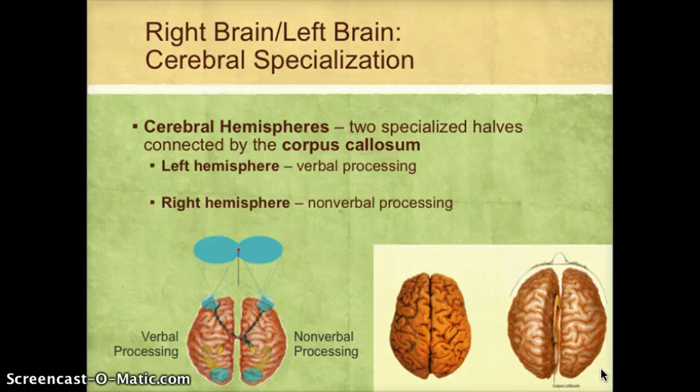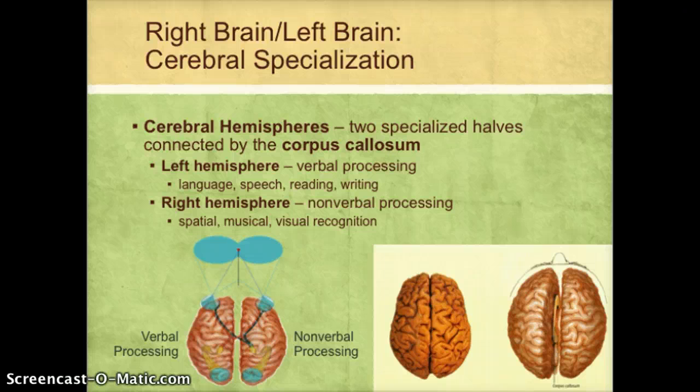What we do see is that there is a slight edge for the left hemisphere when we're processing verbal information, such as the words you're reading on this slide, the words I'm saying right now, and for the right hemisphere, we see that it has a slight edge when we are processing nonverbal information, such as when you're listening to music or engaging in some sort of physical activity or sport, or when you're just visually recognizing objects.